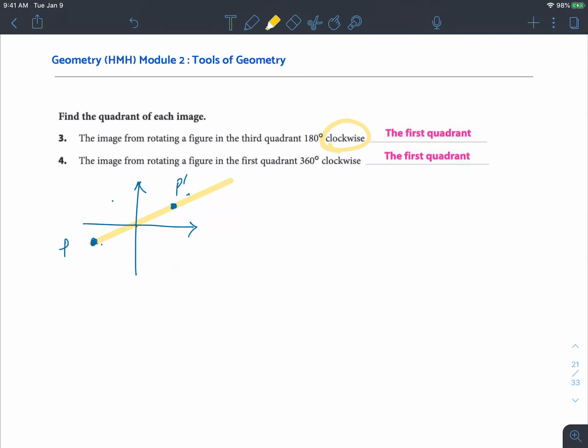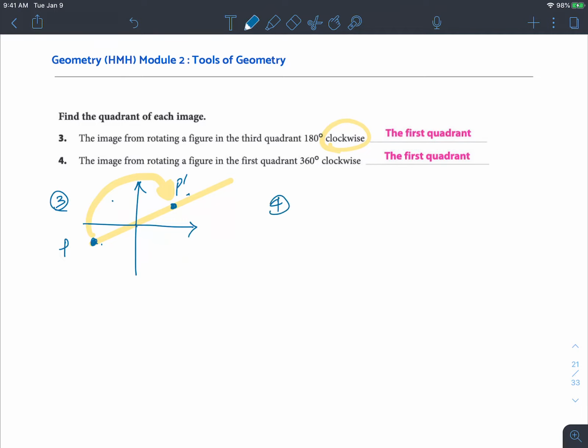For 180 degrees, clockwise or counterclockwise will get you to the same spot, but you travel in a different path, right? So from the third quadrant, the 180 degrees is what is diagonally across it, which is the first quadrant, and vice versa. So if you had a second quadrant, 180 degrees will be the fourth quadrant, and vice versa. Okay. All right, guys, that was number 3.